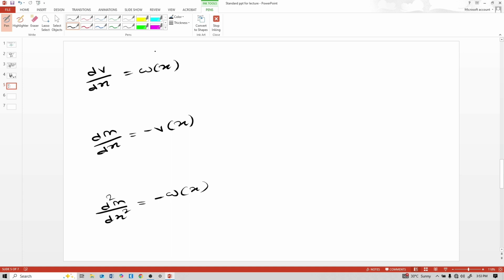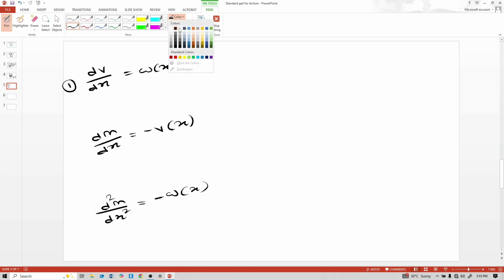So see, these are relationships between intensity of loading and shear, between shear and moment, and between intensity of loading and moment.